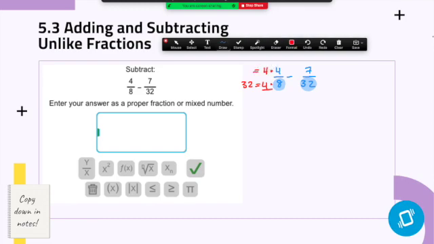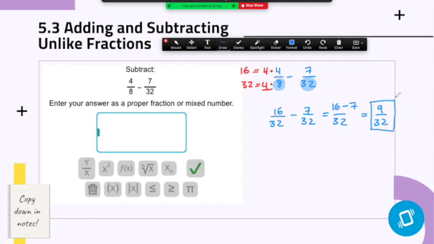So right here, 4 times 4 equals 16. So now I'm left with 16/32, and it's going to subtract with 7/32. Now that I have the same denominators, I can combine those denominators together. Now I'm left with 16 minus 7, which equals 9 over 32. And because I can't simplify anymore, that's going to be my answer in the end.